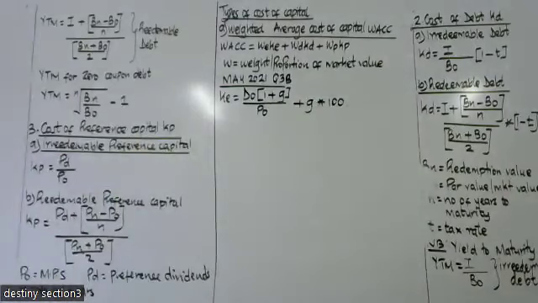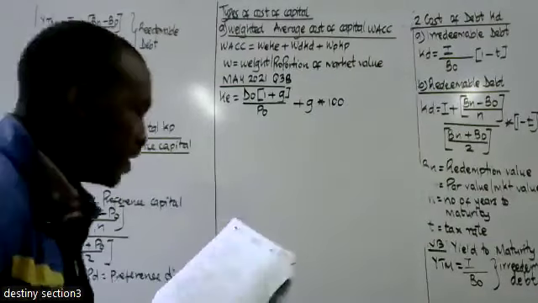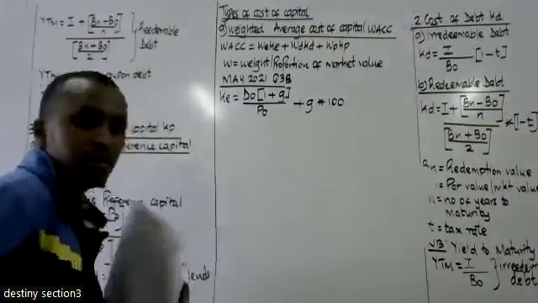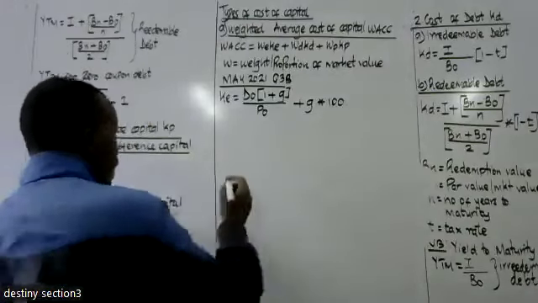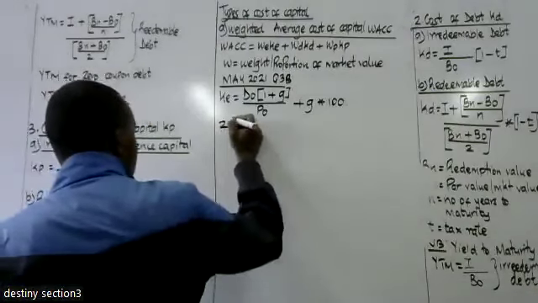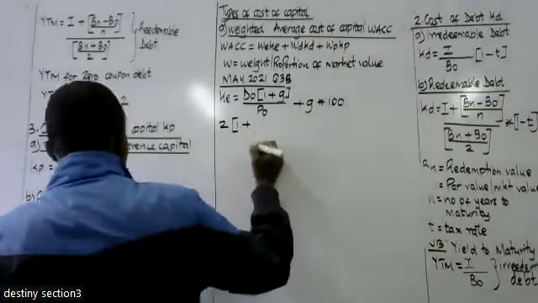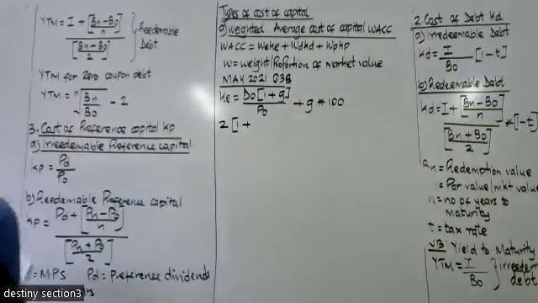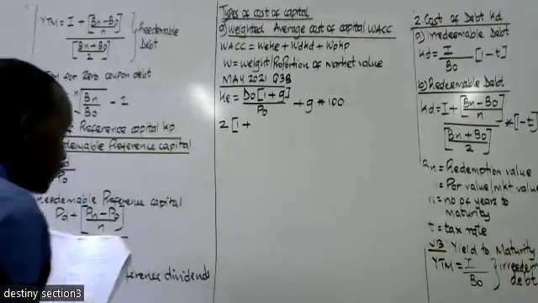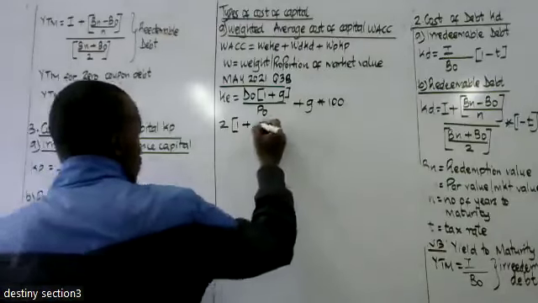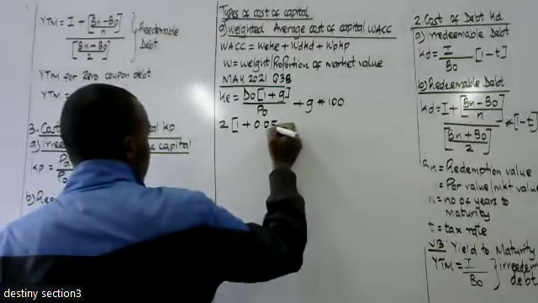The dividend just paid is how much? 2 shillings. Multiply by 1 plus the growth rate, which is 5%, so 0.05.